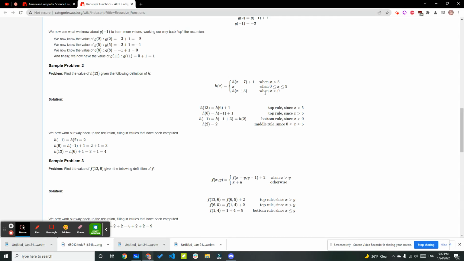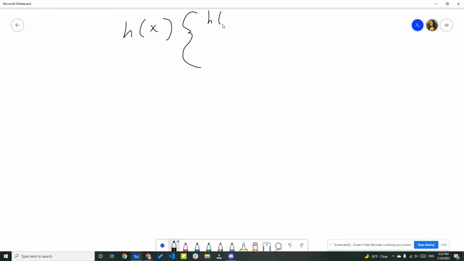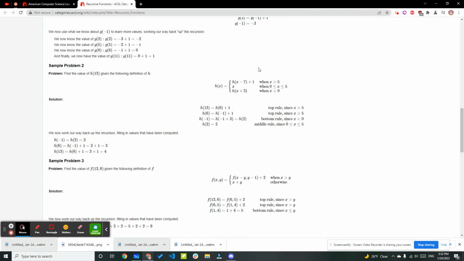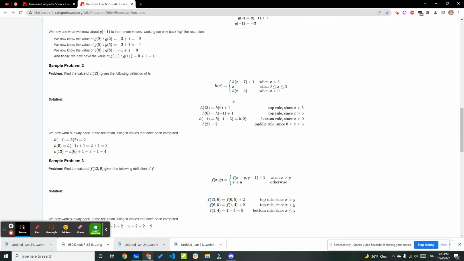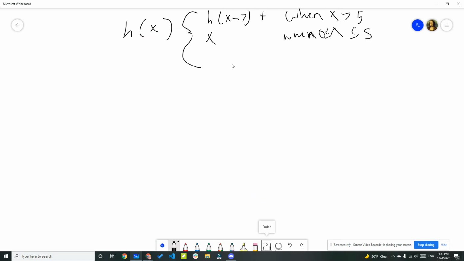So h of x, curly bracket, h of x minus 7 plus 1 when x is greater than 5, and x when x is between 0 and 5, and you return h of x plus 3 when x is less than 0.